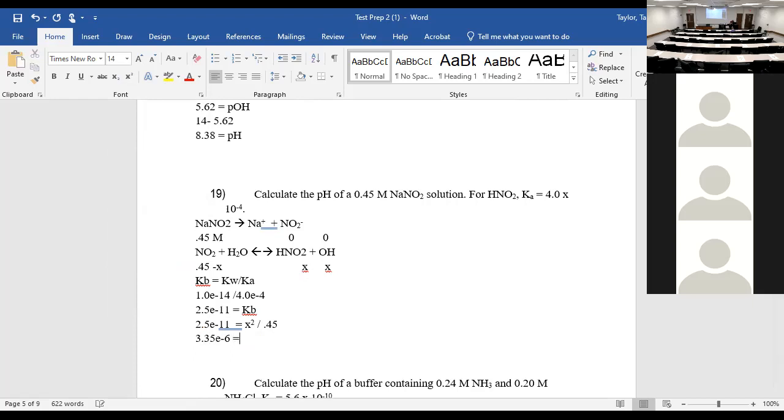And that's equal to, if you look right here, your OH. So again, you have to solve for pOH and then solve for pH. So if you take the negative log of 3.35 times 10 to the negative 6. How come it's 3.35 instead of 3.4?